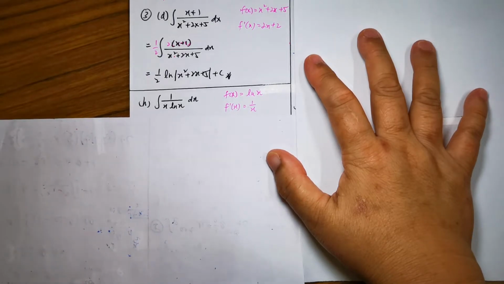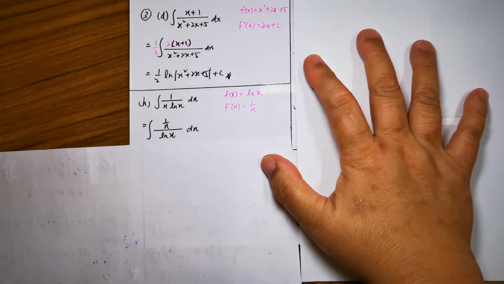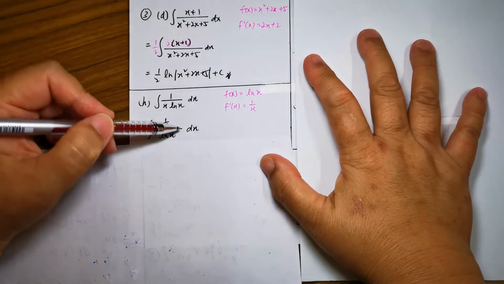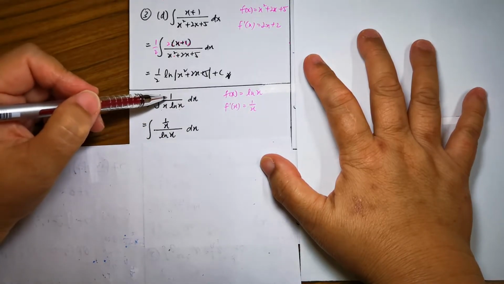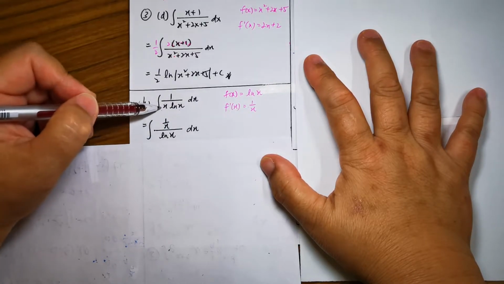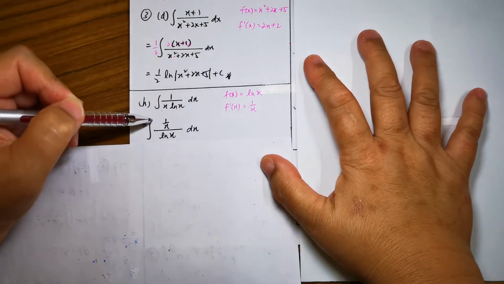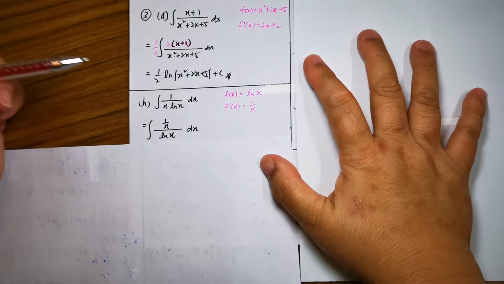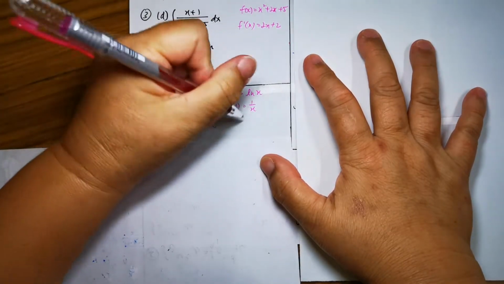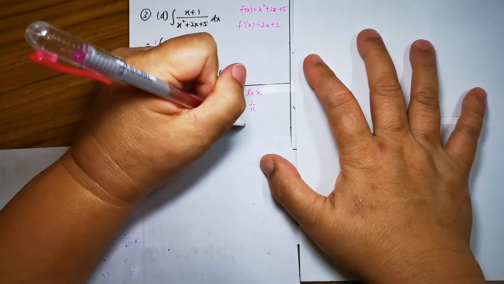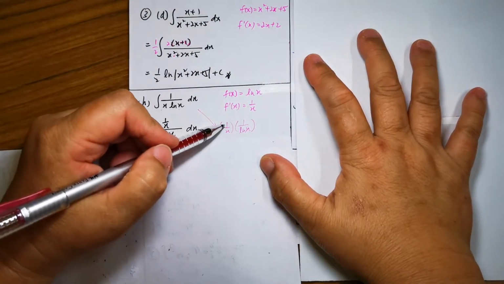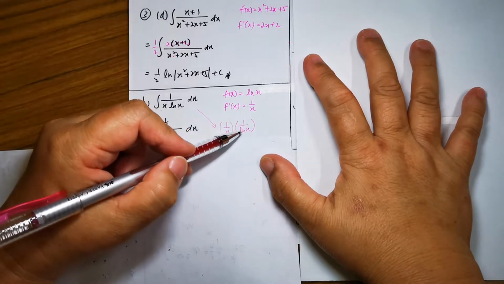So I rearrange it first into a form that you can see easily. So 1 over x ln x, we can actually write in this way: 1 over x multiplied by 1 over ln x.